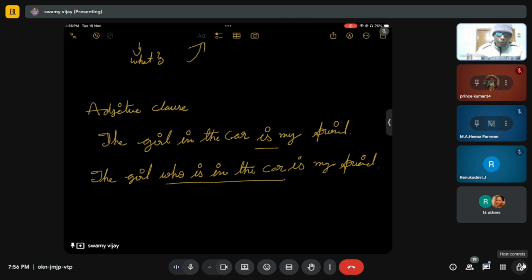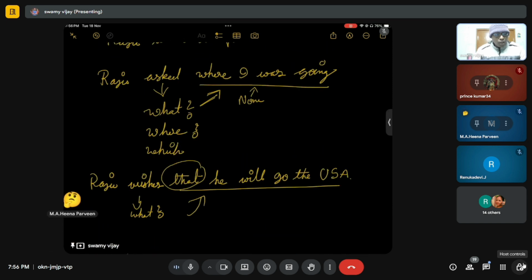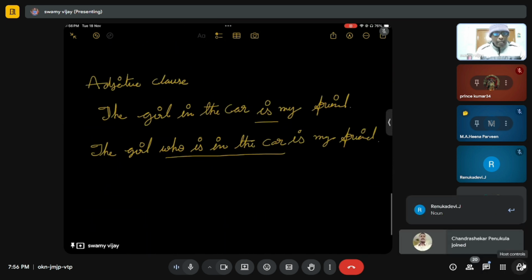Whether you are going to ask the question to the verb or to the noun? Earlier I said you have to ask the question what, where, which to the verb. But here, to identify the adjective clause, we should pose the question to the noun.